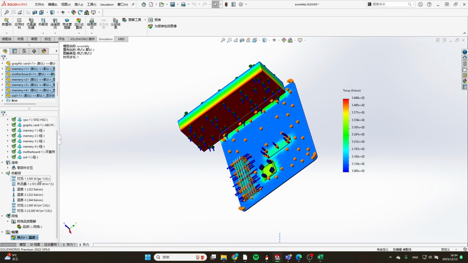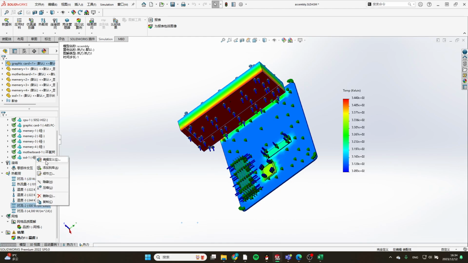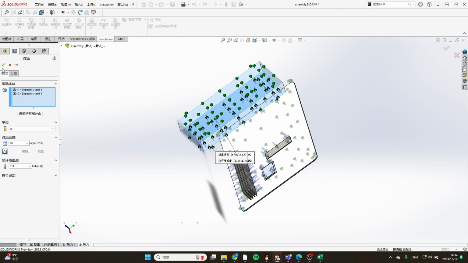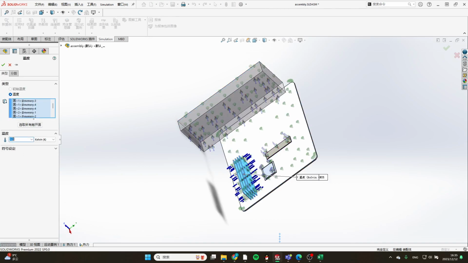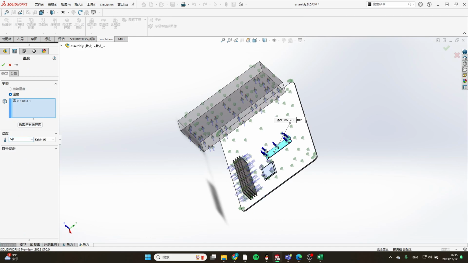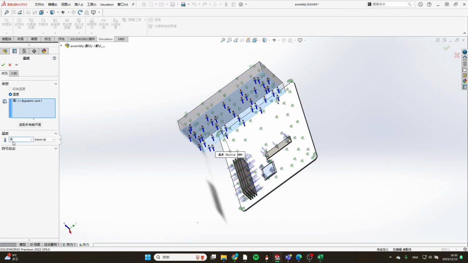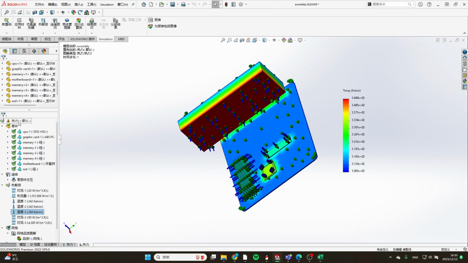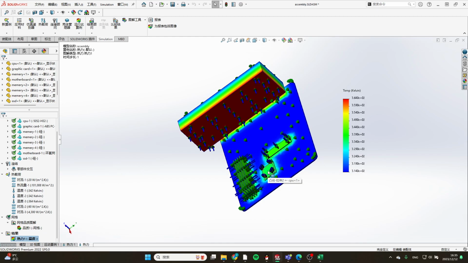So I'll dive into the change of temperature. Change it back first. So holding this constant as the initial value, I'm going to change all these values. I'll add 20 Celsius per component. And let's see what happens. Green bar.